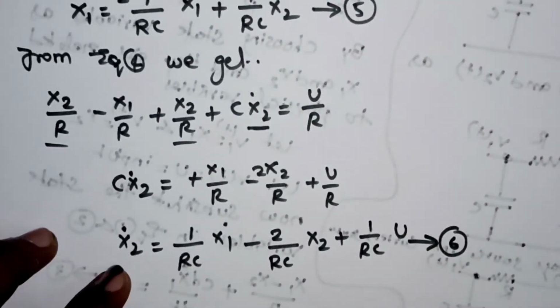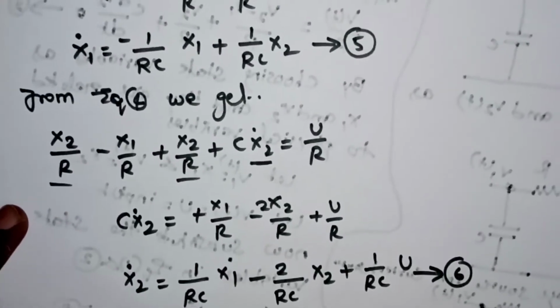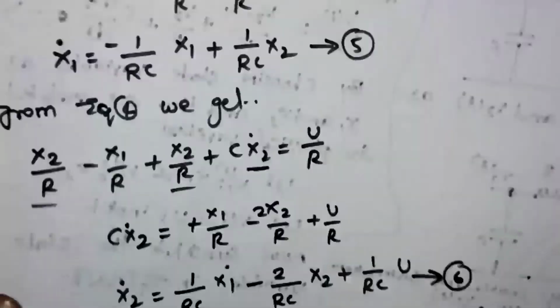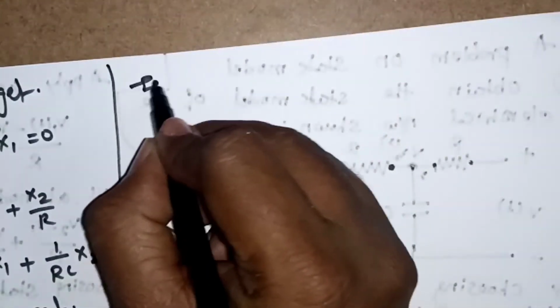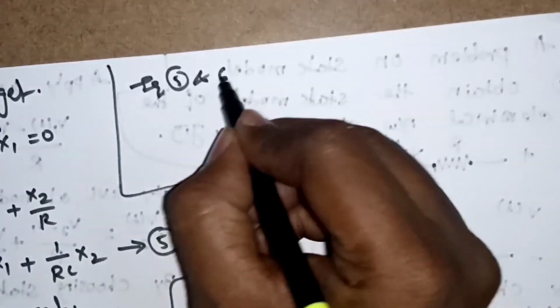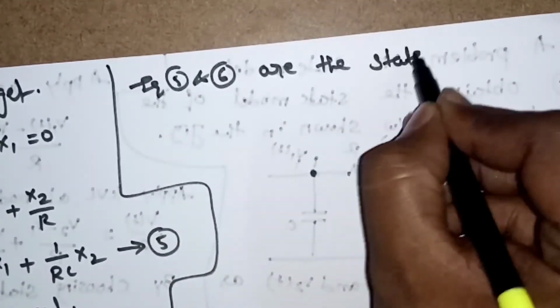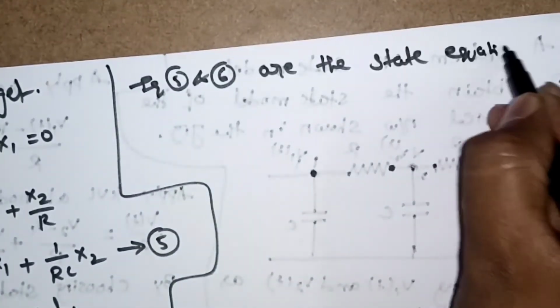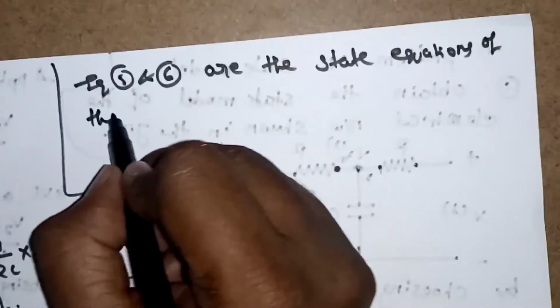Now we got two equations. One is x1 dot, another one is x2 dot. Equations 5 and 6 are the state equations of the given system.